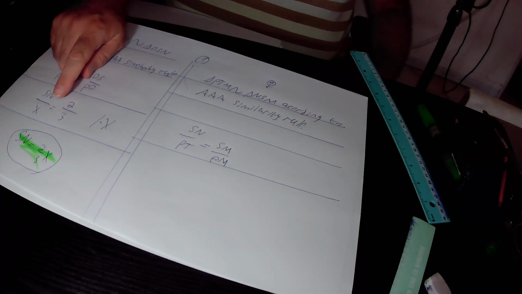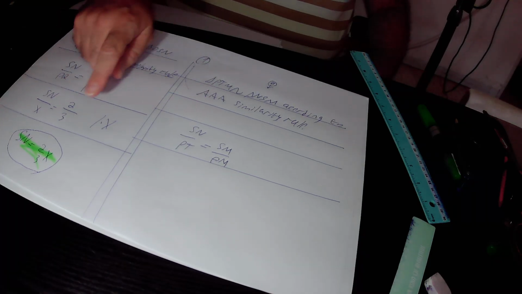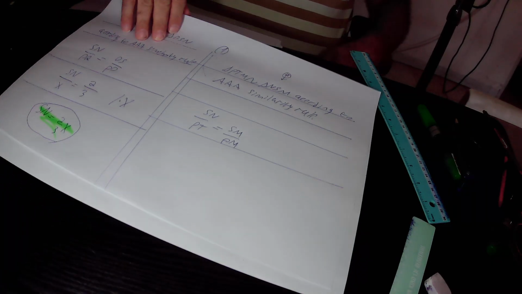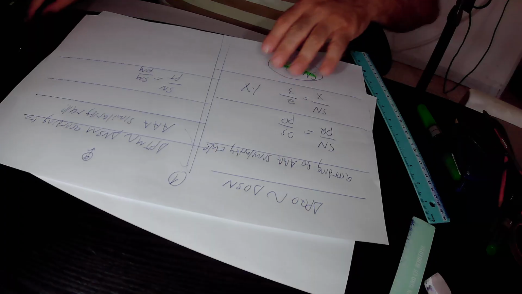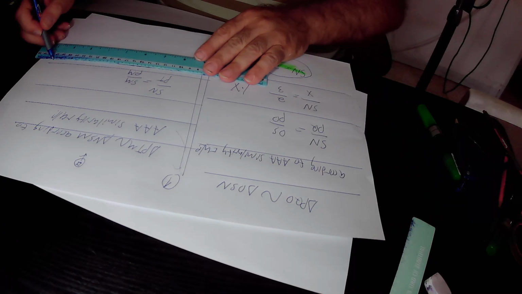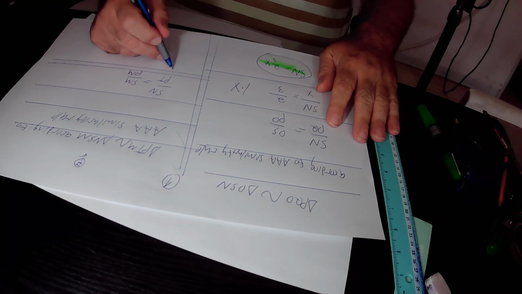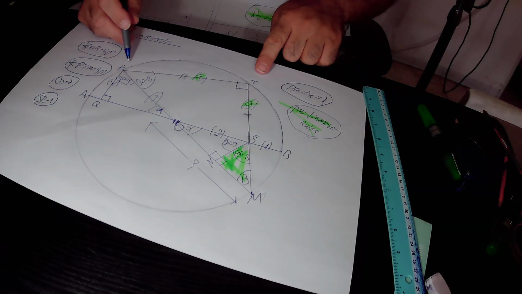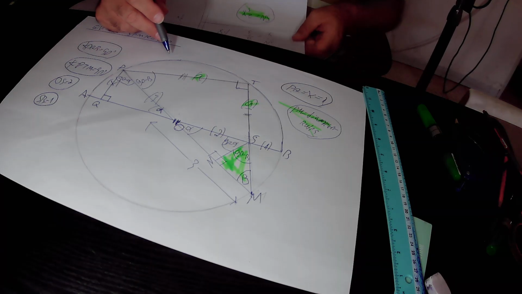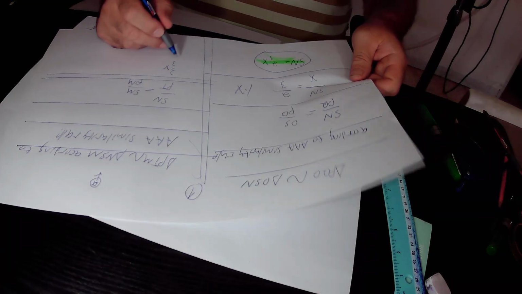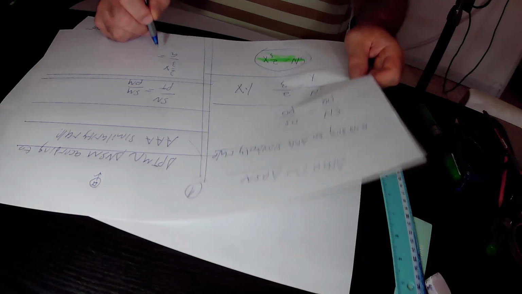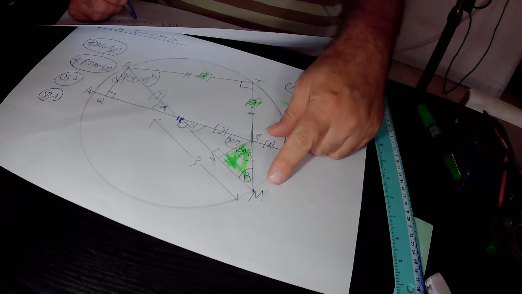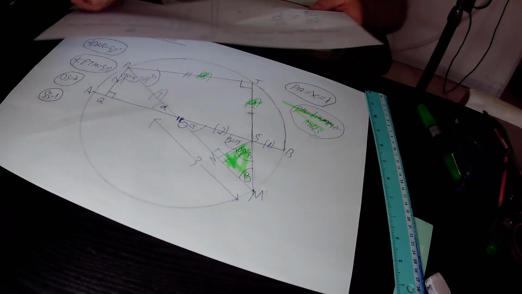We have already found out that SN equals 2/3 X, over PT. PT equals A units in its length, according to our definition. And it is equal to SM. SM is the missing side, so we leave it as it is.